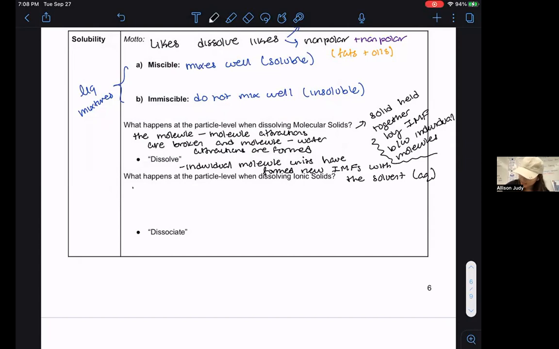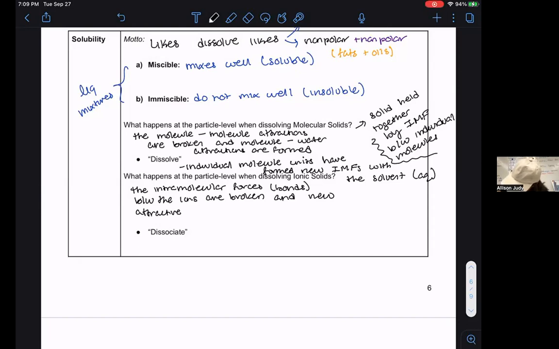So here what we say is the intramolecular forces, aka the bonds between the ions, are broken and new attractive forces are formed between the charged ions and the polar water molecules.